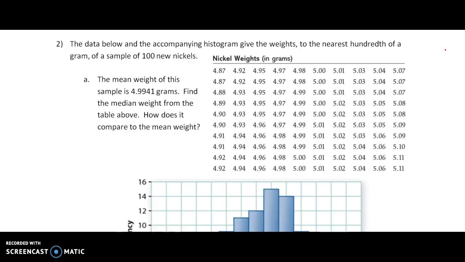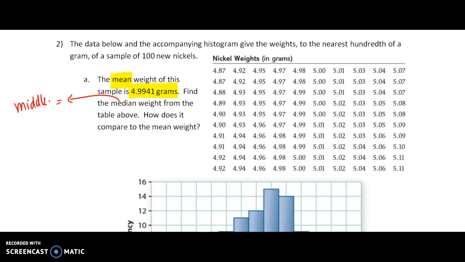The mean weight of the sample is 4.9941 grams. Okay, so that is your mean. We want to find the median. So remember, median was the same as the middle.